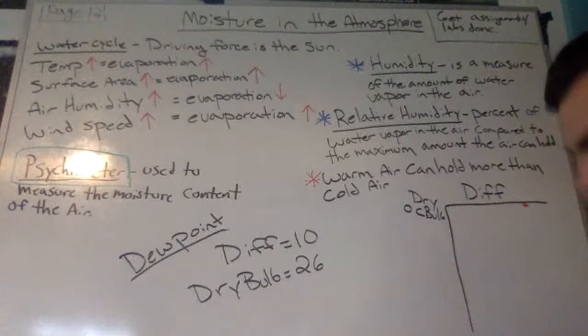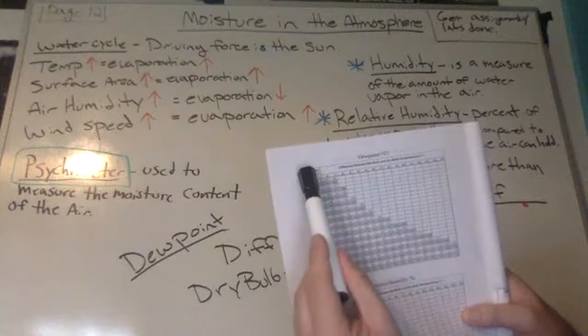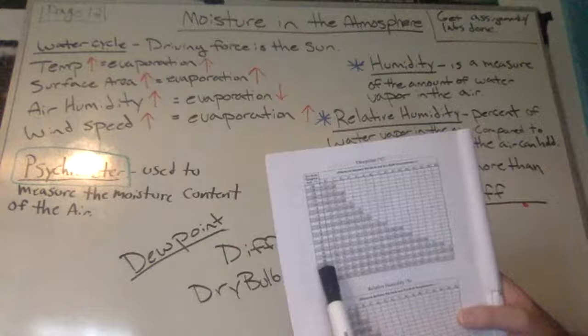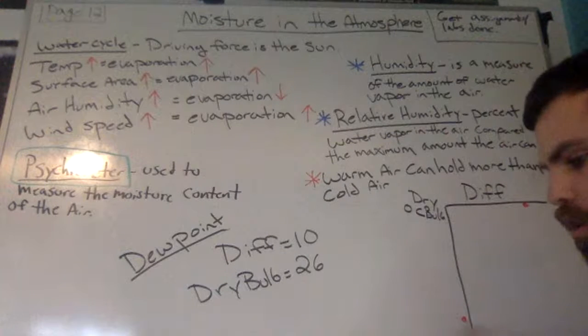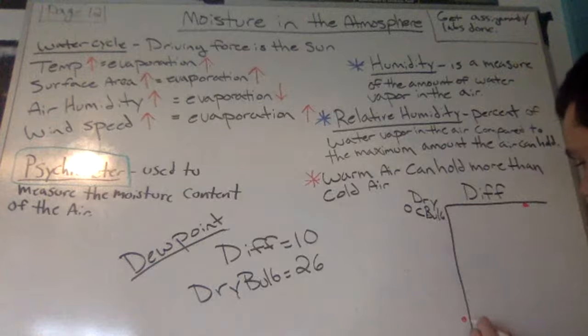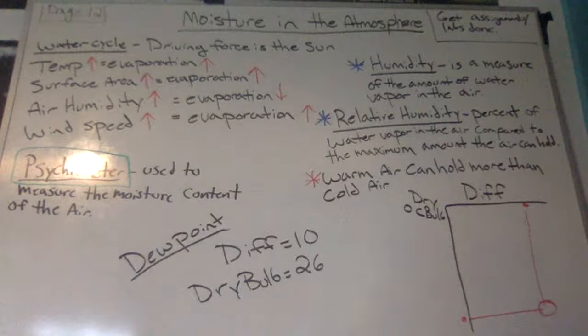So we have to go all the way down by our dry bulb. We look. We find 26. It's somewhere down here. So what you're going to do is you are actually going to go across, and you are going to write down the number that it gives you.